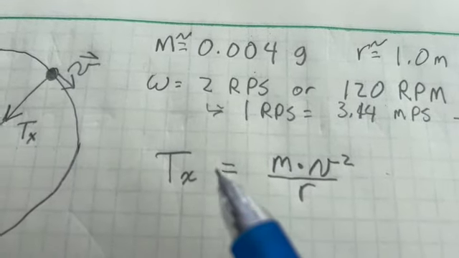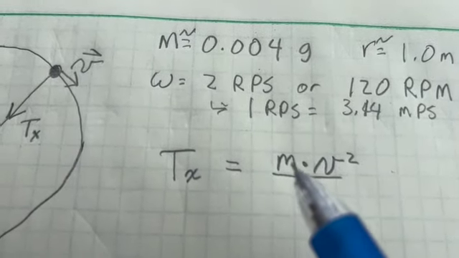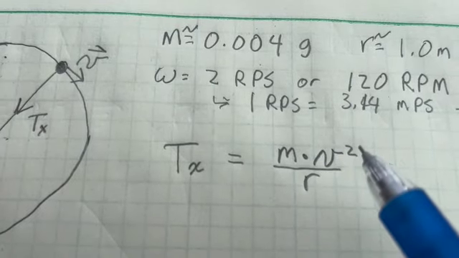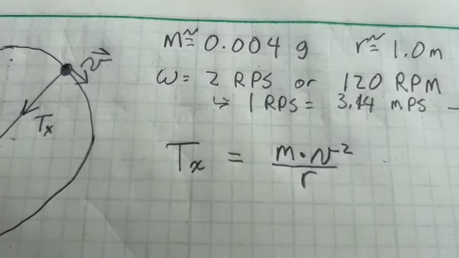So in my physics textbooks, I found a formula for this tension. It's mass times the velocity squared divided by the radius.